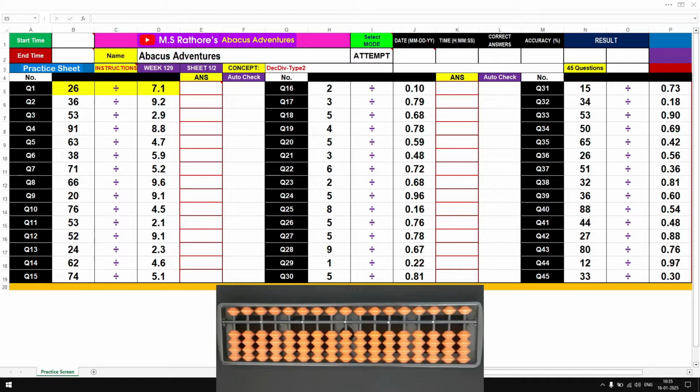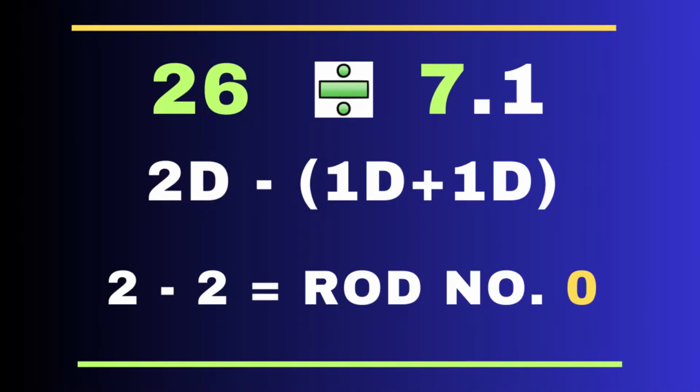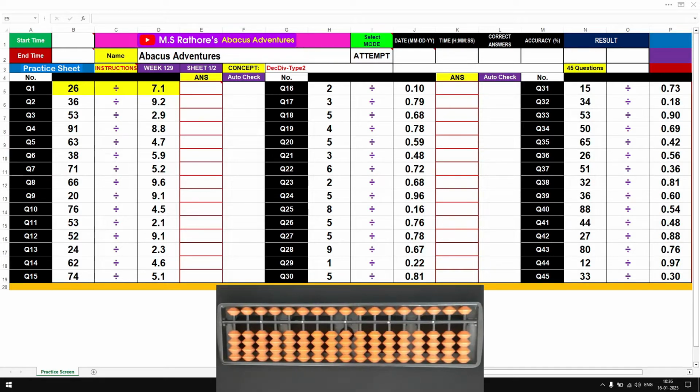The integral part in the divisor is 7 because the divisor is 7.1. So we are not taking anything after the decimal place to consider placing the dividend from. So in this rule, 2 minus 1 digit, that is 7. 2 minus 2 is 0. So we will place the dividend from rod number 0.